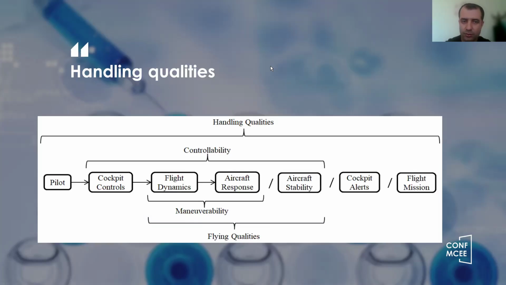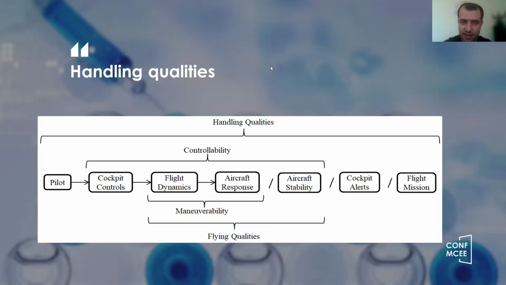The concept of handling qualities encompasses the pilot's role, considering their capacity to accurately discern the aircraft's condition through aural and visual cockpit alerts. This concept further entails the execution of the requisite flight mission with an acceptable workload.